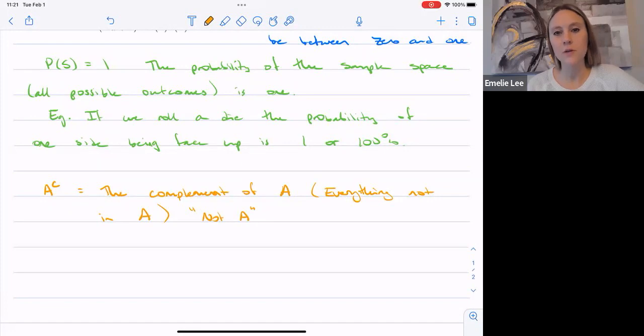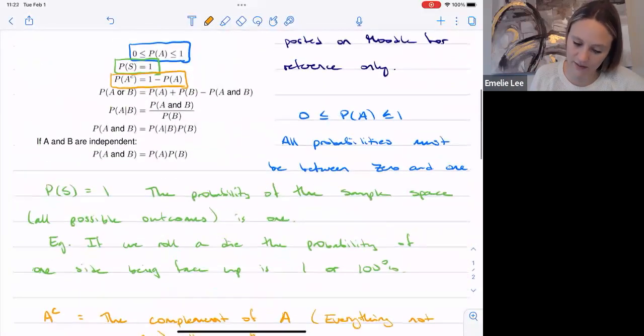Okay. So regardless of what A is, if I tell you that the probability of A happening is 0.4, right? Then our brain does a really good job of saying, okay, well then the probability of A not happening has to be 0.6, right? And why is that? Because we have to do 1 minus the probability of A happening, right? Because either A happened or A didn't happen, and that's our entire sample space, right?